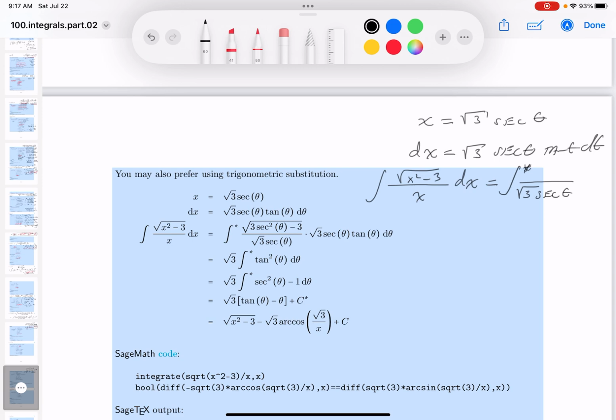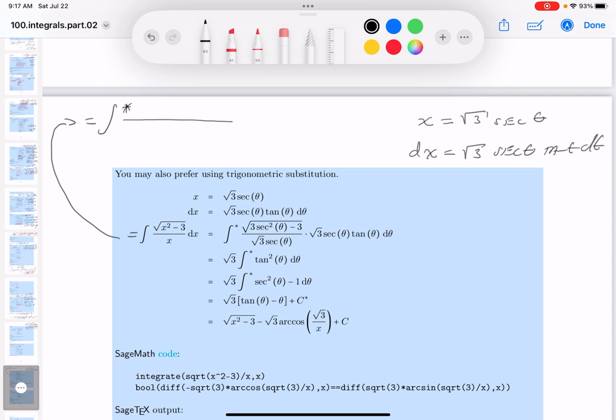And that's not so bad. And what's dx? I need more room. I'll erase this over here. So what's x? It's root 3 secant theta.